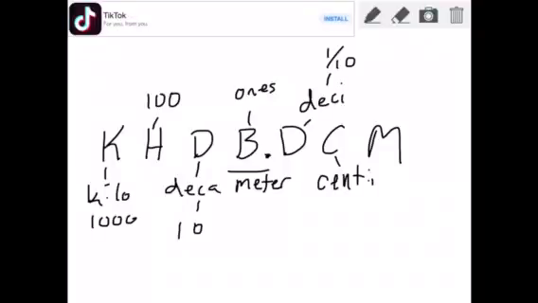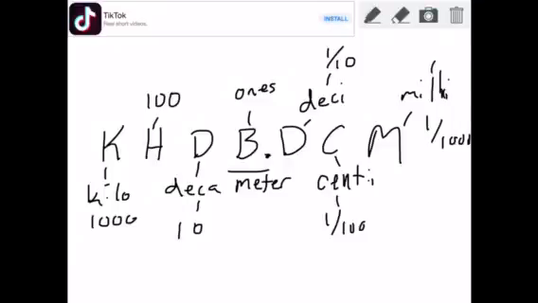A centimeter is what we normally see here, and centi means 1/100. And then our last one here is milli. Millimeters might be something that you are familiar with, and this means 1/1000th of a meter, or 1 millimeter.